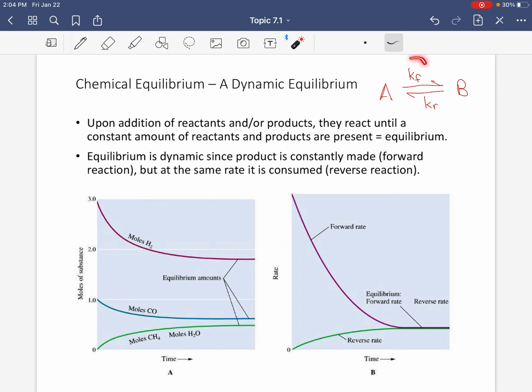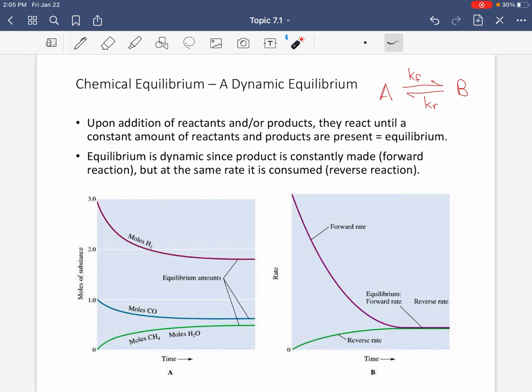So when the speed of the forward finally equals the speed of the backward, that's when we say that this reaction has reached equilibrium. Okay? Pretty neat. Pretty neat if you think about it.